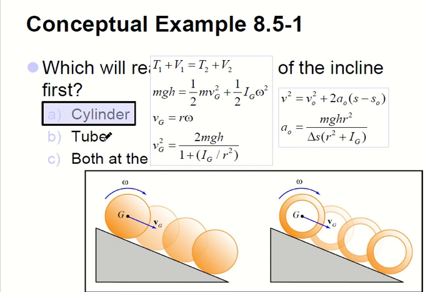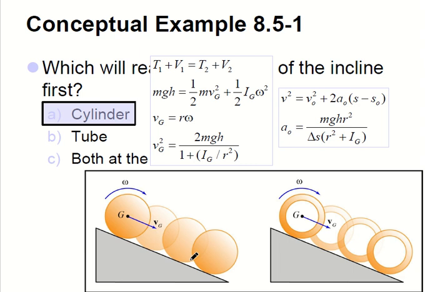That's because it's faster. If you think in common sense, it has less rotational energy, because the tube will go with more rotational energy. So the cylinder has less rotational energy compared to its counterpart, and more translational energy.